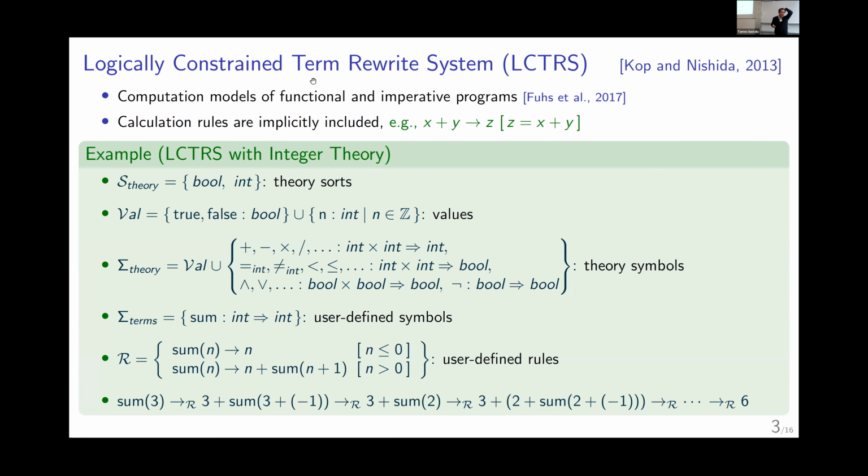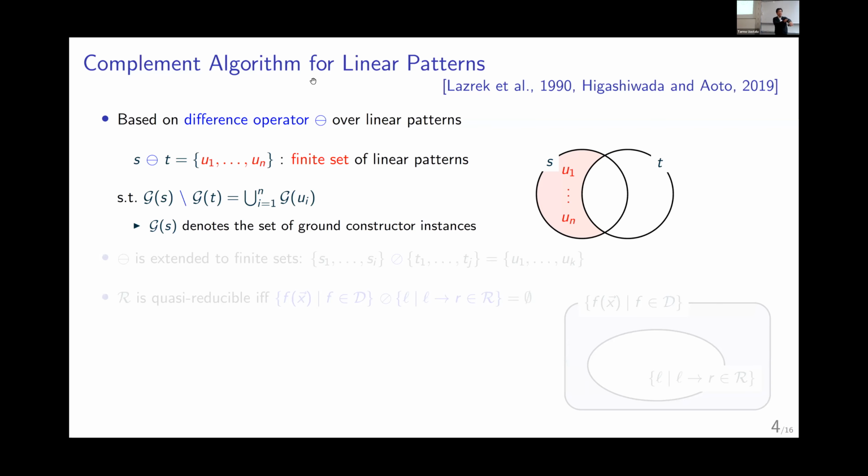So this is LCTRS. Now I explain the complement algorithm for linear patterns. The complement algorithm is based on the difference operator, or minus, over linear patterns. S minus T returns a finite set of linear patterns.